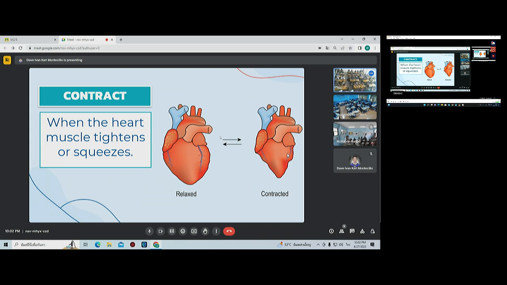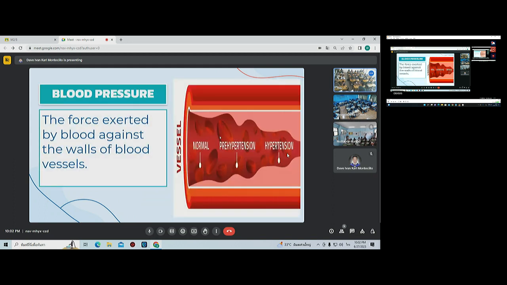Next, we have, what is this? Blood pressure. We have high and we have low blood pressure. When your blood vessel, your veins or arteries, tighten or contract, like this is your vein, if it goes like this, it's high pressure, because the blood cannot pass, or it's very hard for the blood to pass.